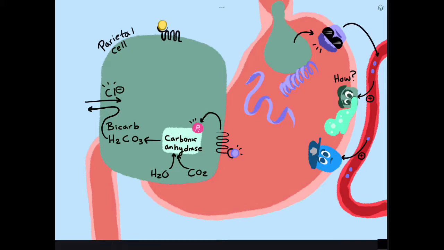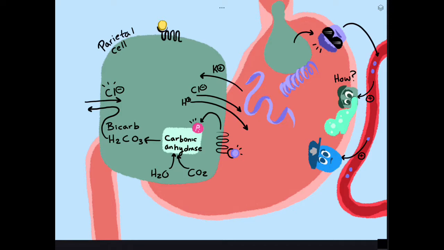So you remember that parietal cells secrete HCl, which means that they need hydrogen and chlorine ions to make that HCl. HCl is a strong acid, so it's never going to be associated with that proton when it's in an aqueous environment. So then we can use the protons inside of the cell and the chlorine ions.